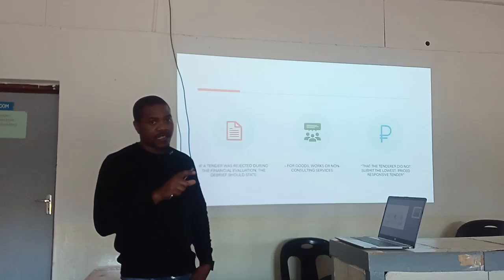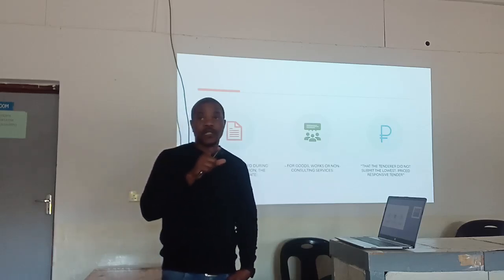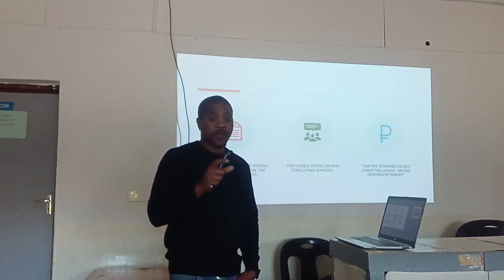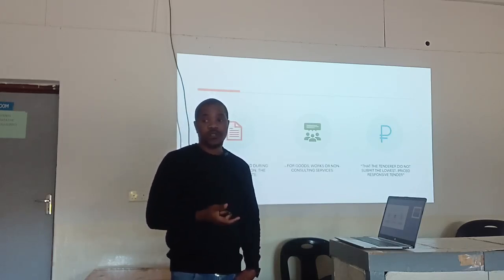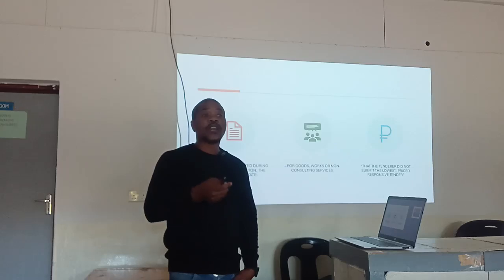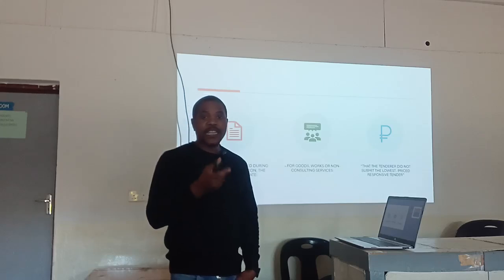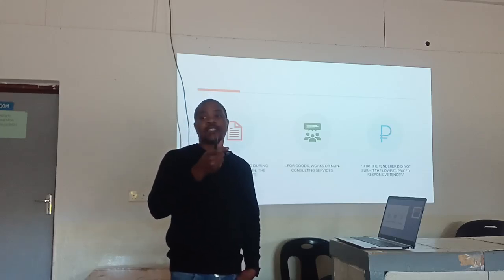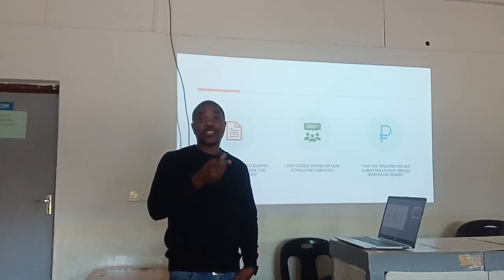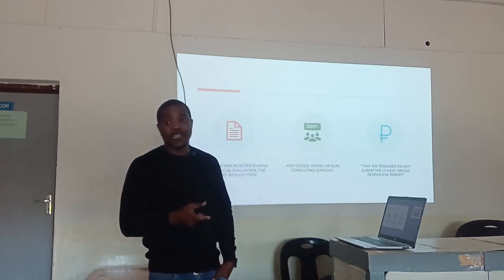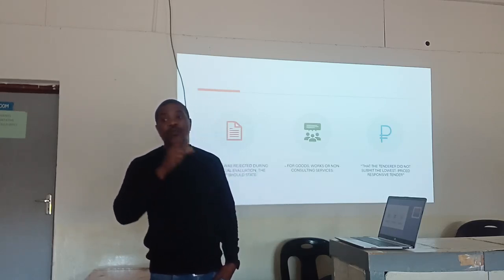But when it's going for PPTA's no objection review, they will also look at how the other companies performed. So let's say you are justifying why you are not giving the contract to the number one ranked, the lowest evaluated tender, and you're opting for number 2.